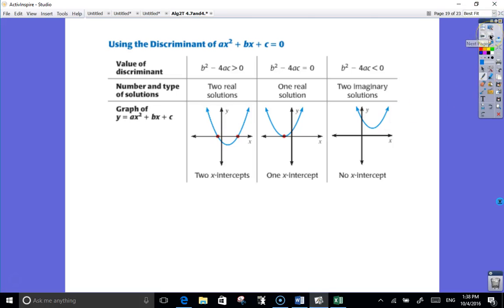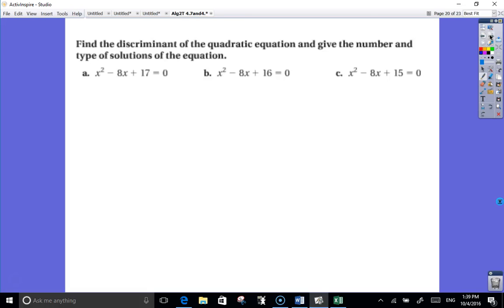So this is like the third bullet on the SOLs that we were supposed to know, how to find the number and type of solutions based on this thing called the discriminant. If you're given a question worded like this, find the discriminant of the quadratic equation and give the number and types of solutions, don't do the whole quadratic formula. That just shows that you probably don't know what is meant by discriminant. Do only the b squared minus 4ac part.